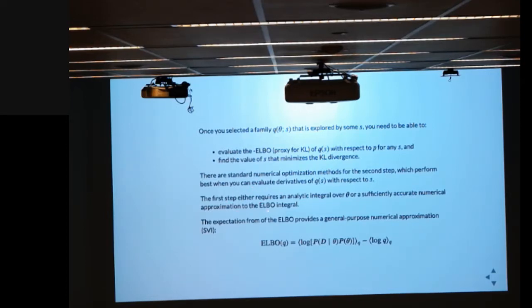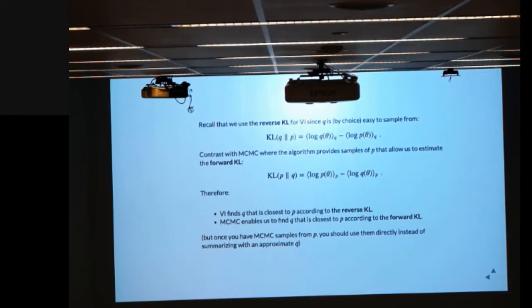And for the first step, instead of doing the analytic integral that defines the ELBO, we use stochastic variational inference and just generate samples of Q, and then use those to evaluate this, take the mean, evaluate this, take the mean, and get the difference. So it's just the 2 lines of Python that I showed you before. And the things that you need to be able to calculate are the likelihood, the prior, and the density for the current approximating function.